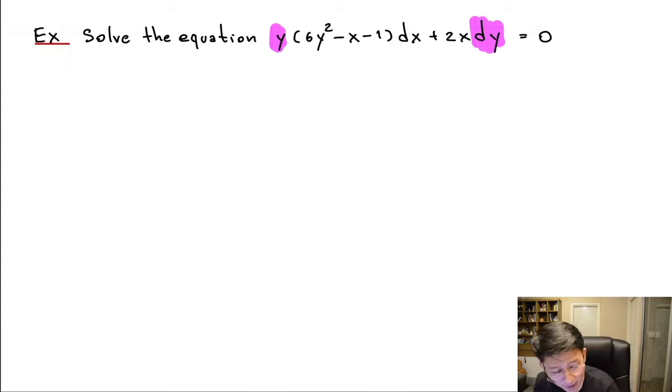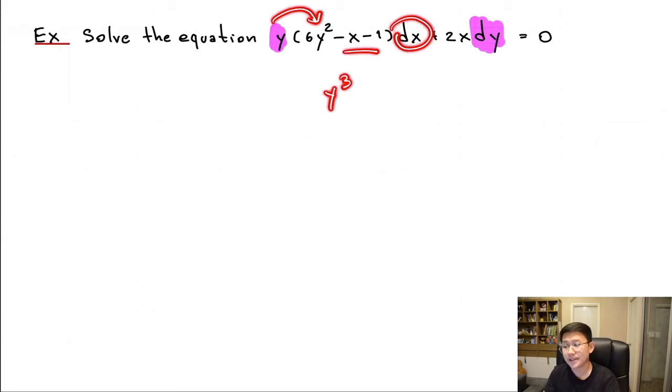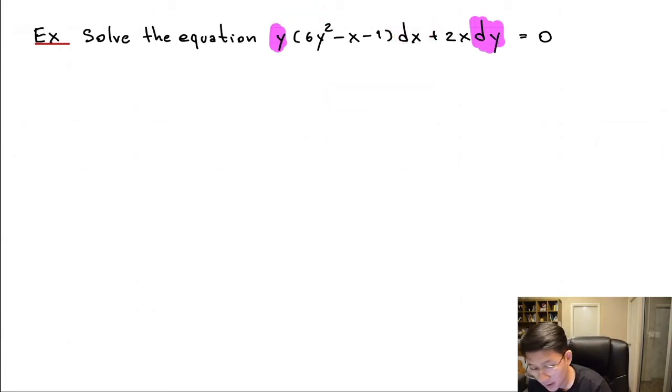Then I have y, which is going to be from here, dx, and then I have y to the power of 3, right? So what I am going to do is write this in 6. I'm going to move it first.